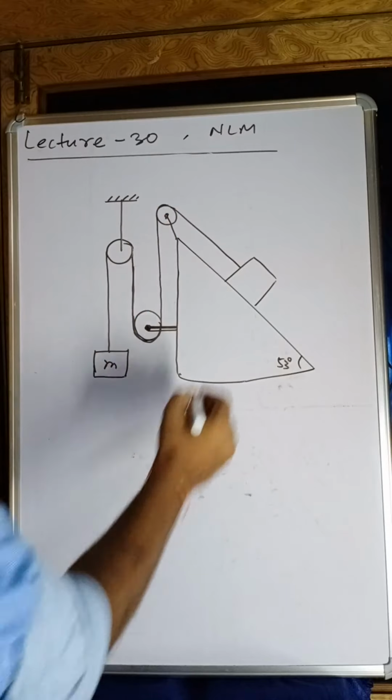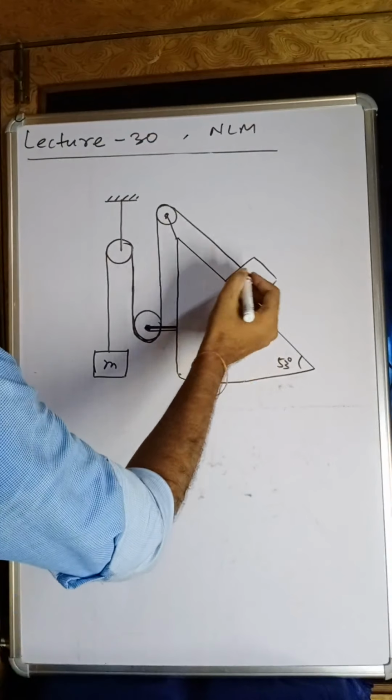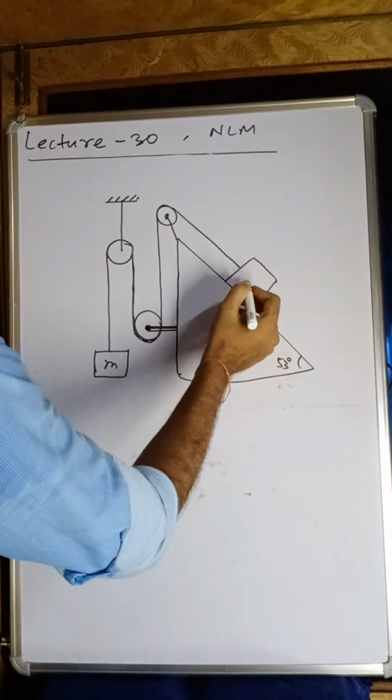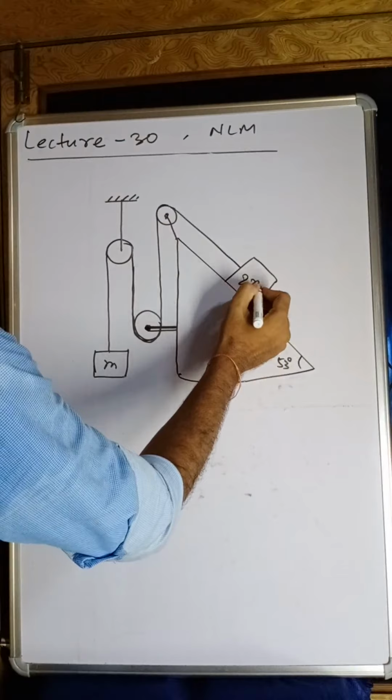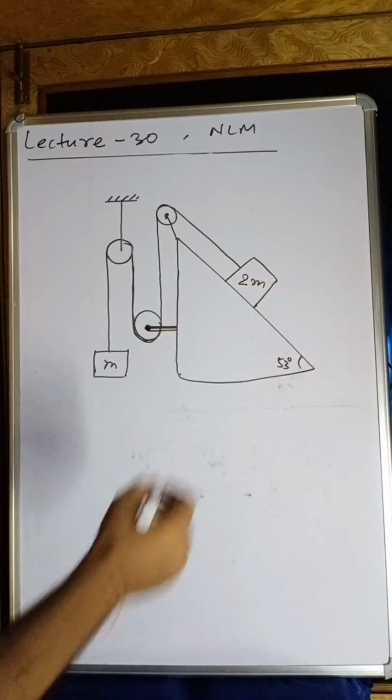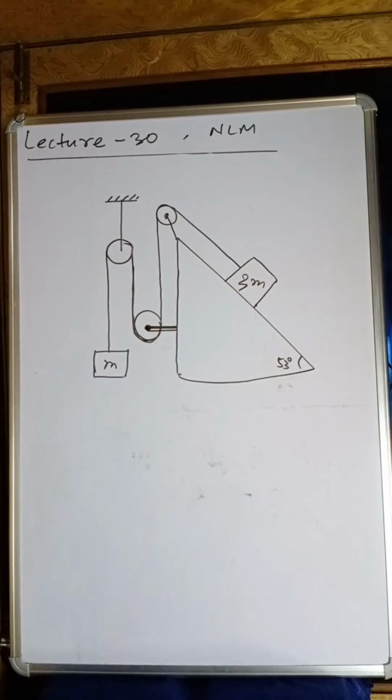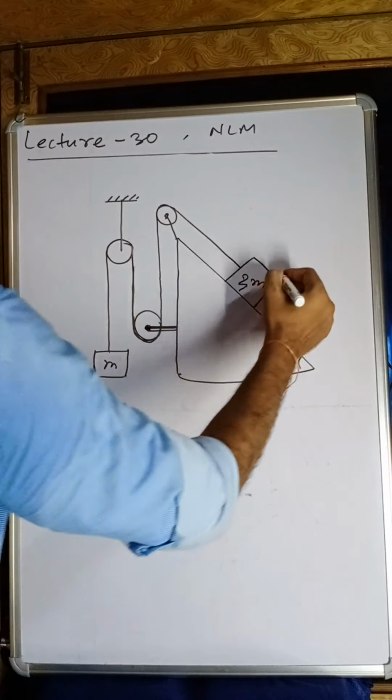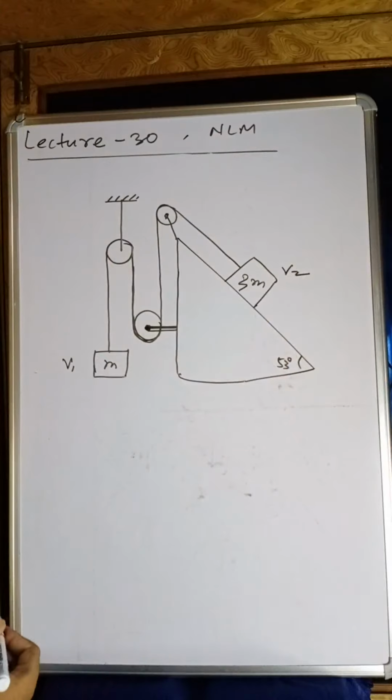This is M, and this is 2M. You have to find, suppose it is 3M, the relation. If it is V1 and V2, then find the relation between V1 and V2.